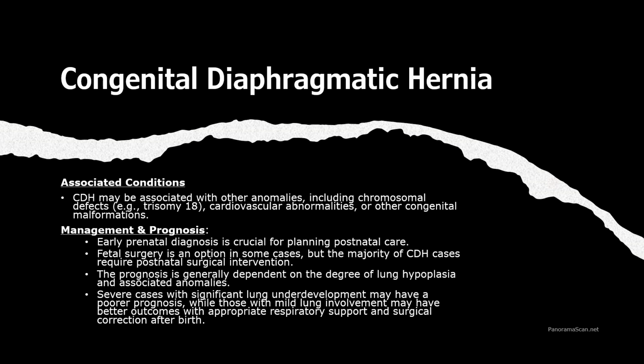However, mild cases where lung development is less affected may have better outcomes, especially with appropriate respiratory support and surgical correction. With early diagnosis and early intervention, the chances of improving the baby's respiratory function and overall quality of life can be significantly enhanced.